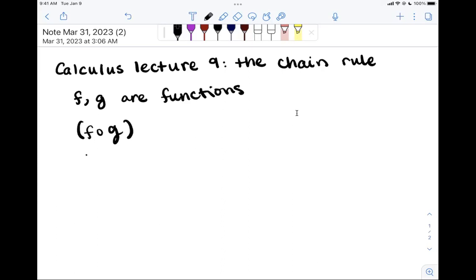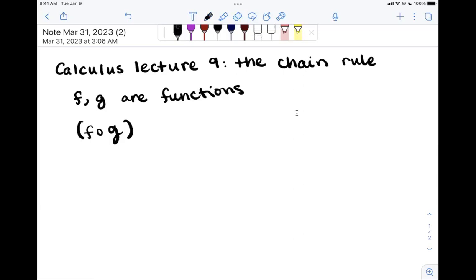Or sometimes you can write f of g of x with parentheses. It just means you're applying g and then you're applying f. Remember, with function composition, we always read right to left. It seems maybe a little unintuitive, but it's because of this notation. We're applying g and then we're applying f to it.